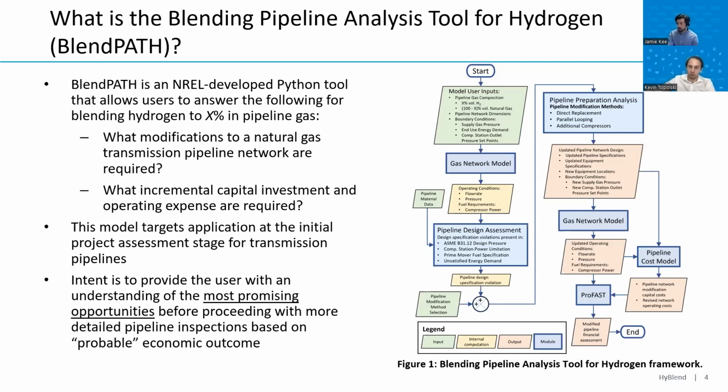We can take these inputs and proceed through this framework such that we arrive at our outputs, which are the pipeline network modifications, as well as the financial assessment that is related to blending hydrogen within this modified network.